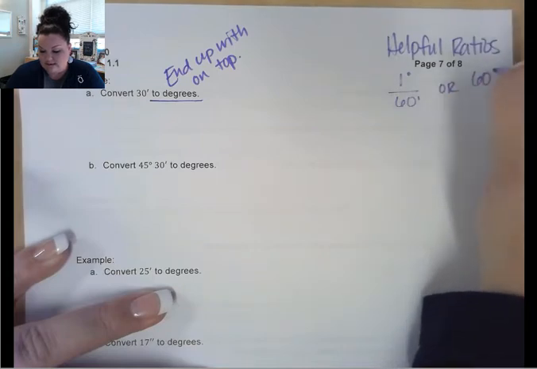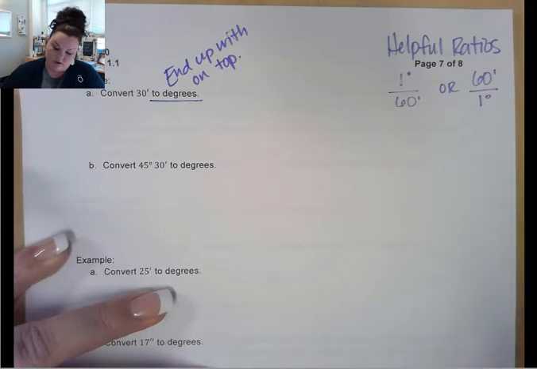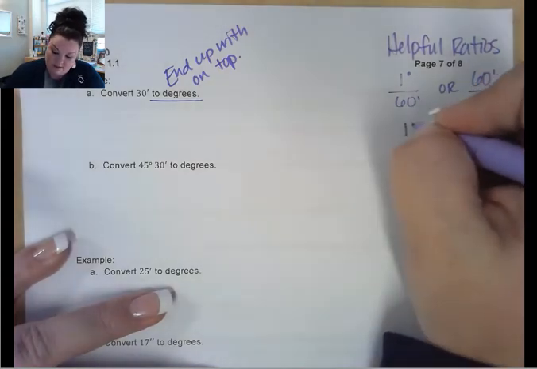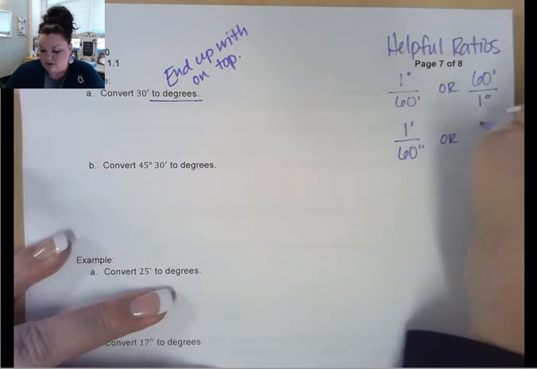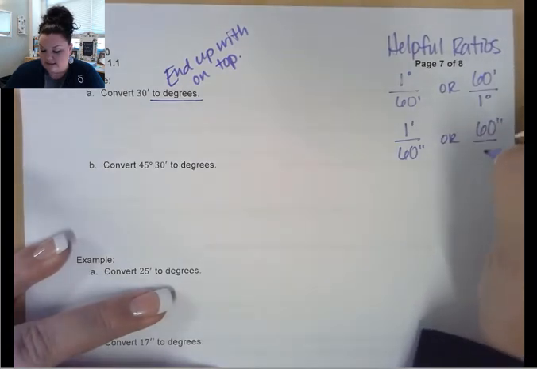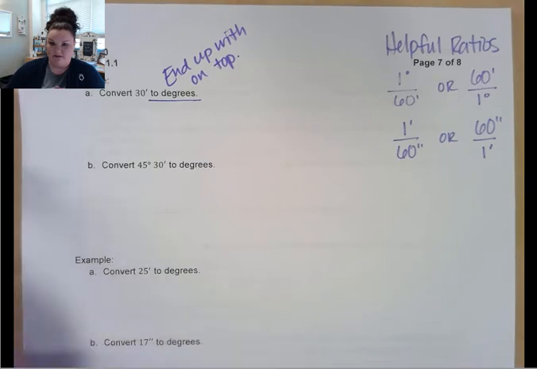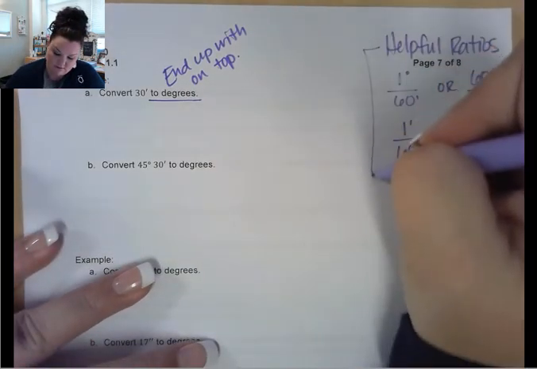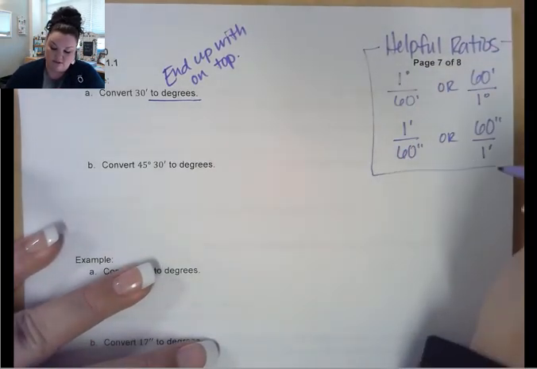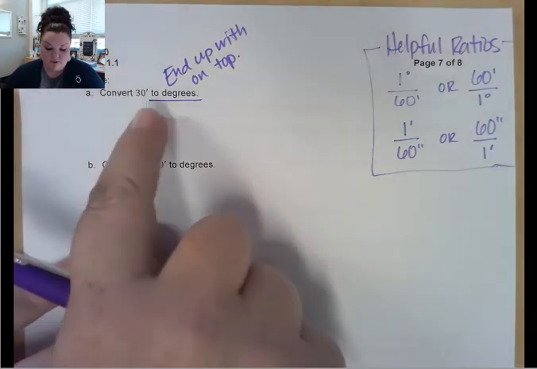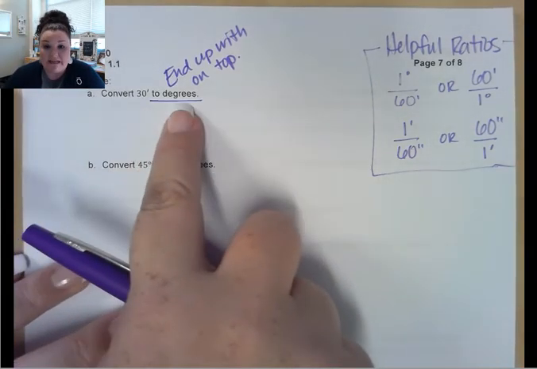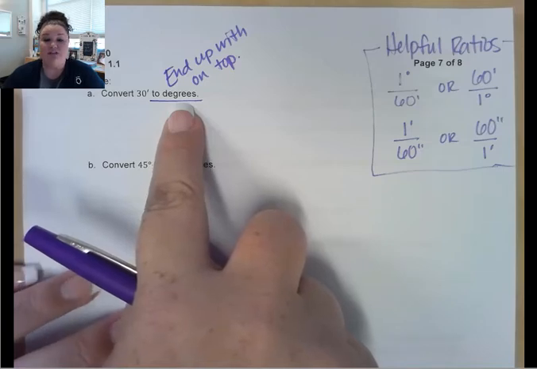Or 60 minutes is 1 degree. We also know that 1 minute is 60 seconds, or 60 seconds is 1 minute. Okay, so I'm just going to write this as like a little box off to the side that we can reference.